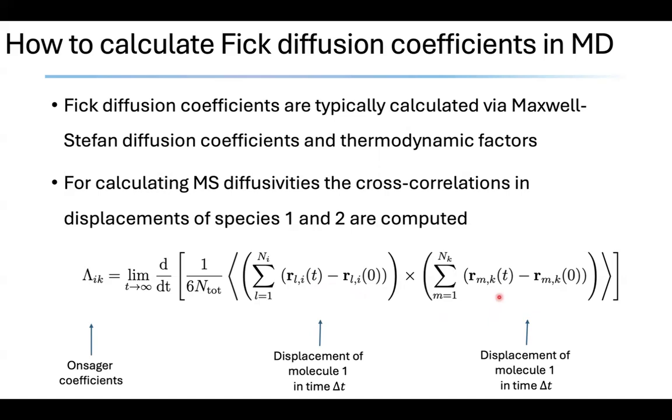The second bracket tells you what is the displacement of molecule of type 2, basically, in a time delta t. The cross correlation of this product in the long time limit with their derivative gives you the Onsager coefficients.